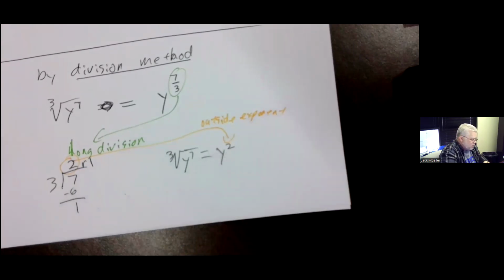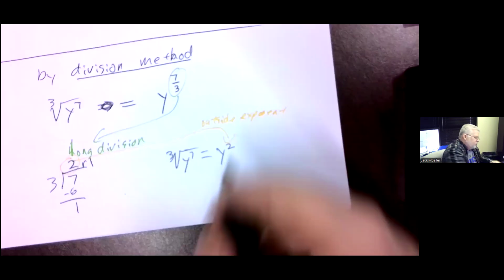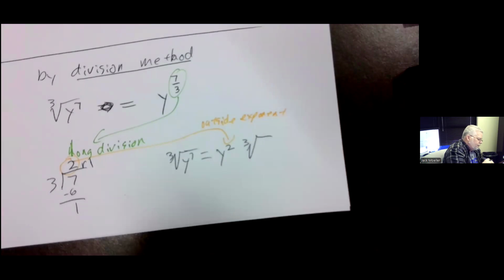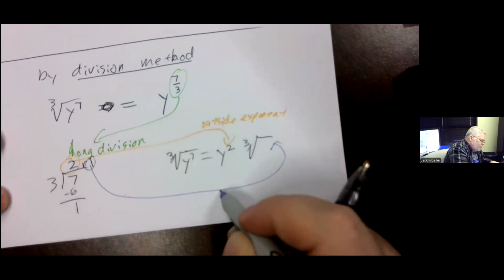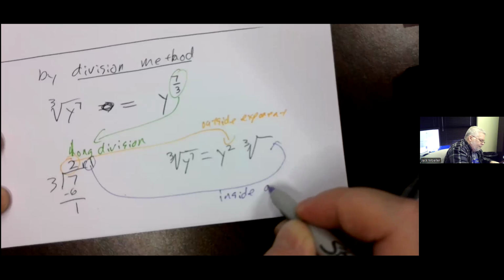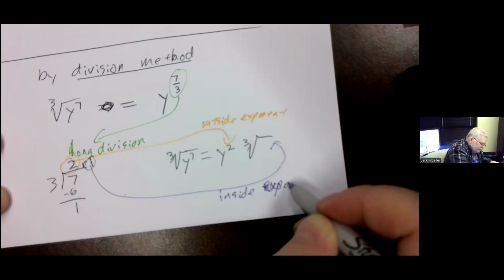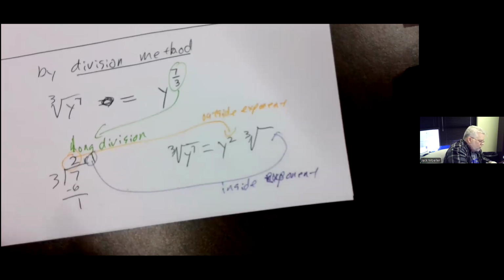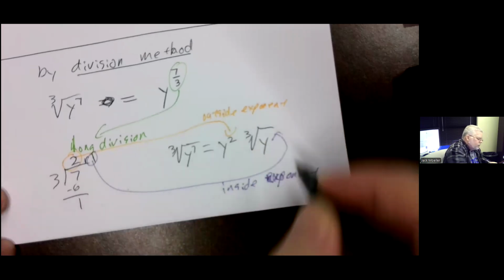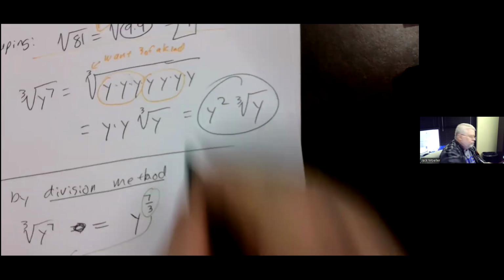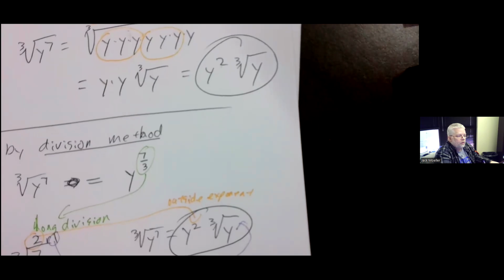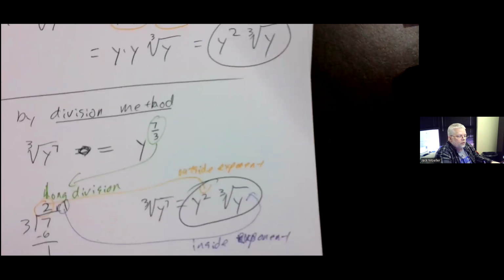And then the remainder is the inside exponent. So inside we have a y to the 1st, or just a y. Notice we get the same answer: y squared times the cube root of y.